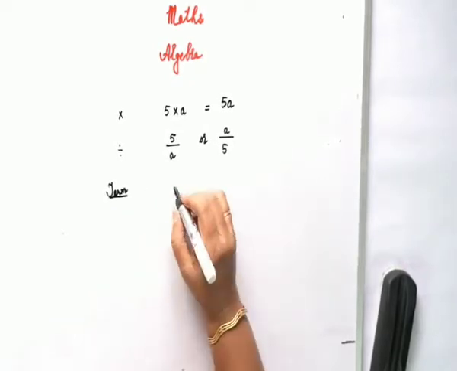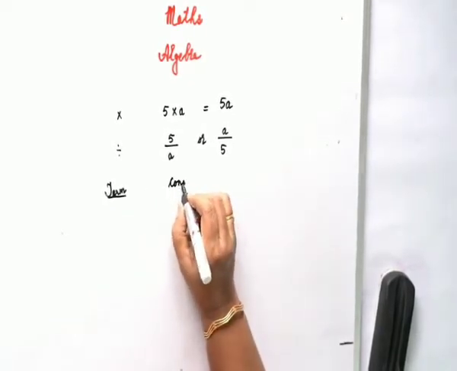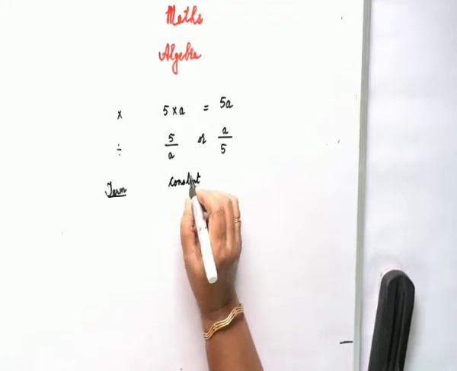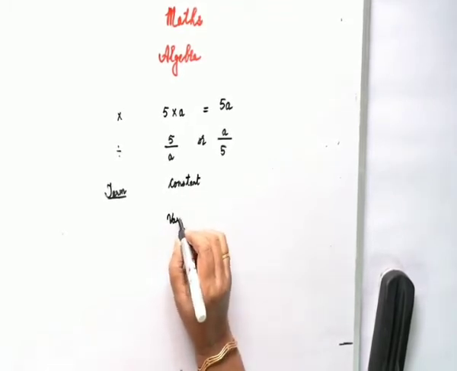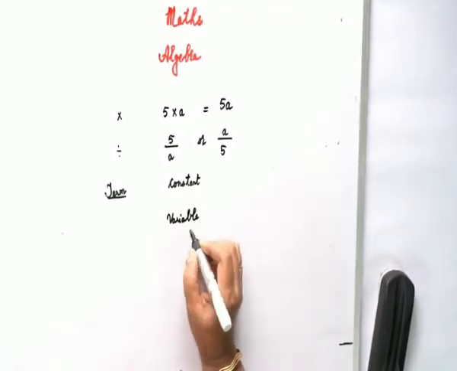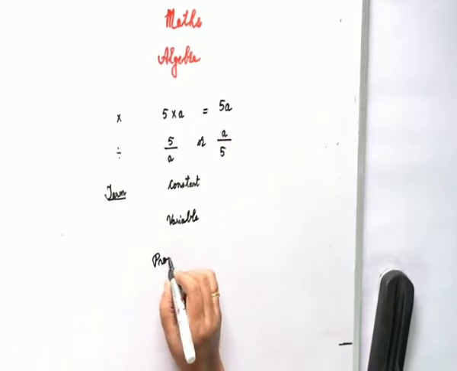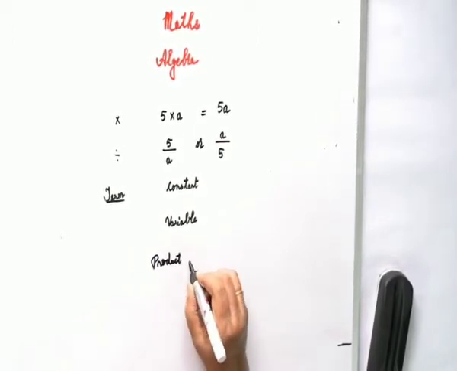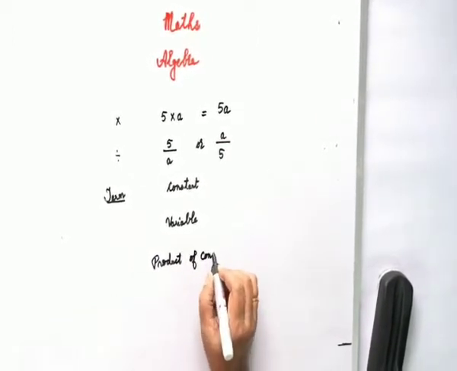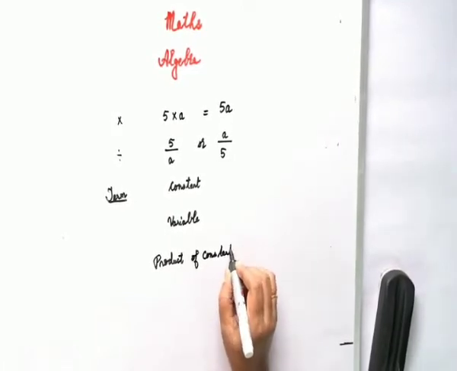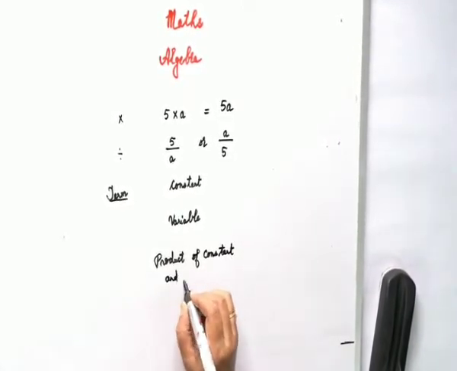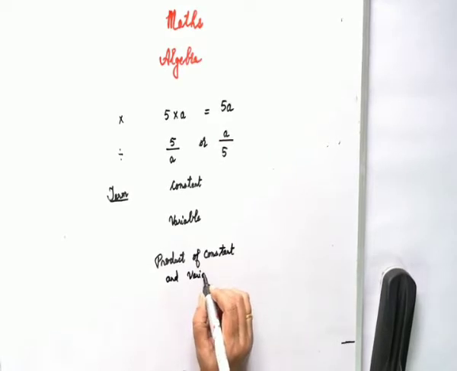Algebraic expression consists of terms, and let us see what is a term. A term can be a constant, a variable, product of constant and variable or variables. Let me give some examples.